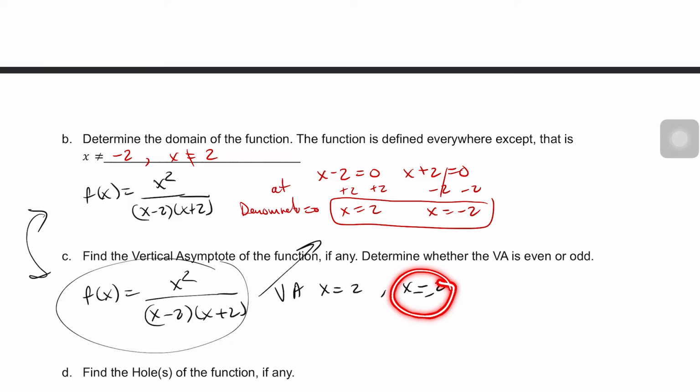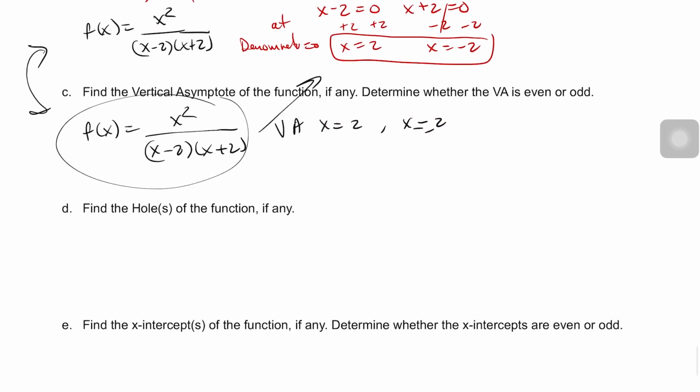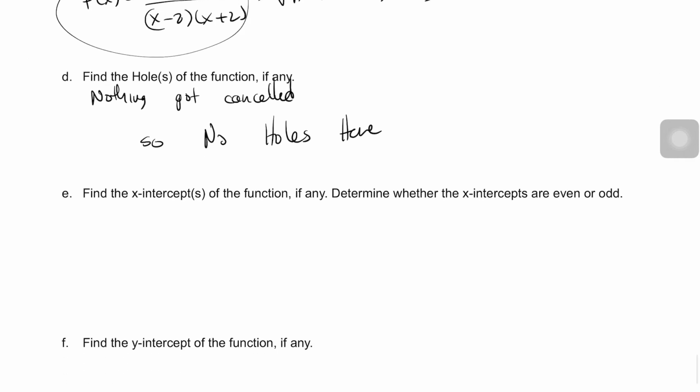In other words, if you were able to cancel something, then only the one would have been the vertical asymptote, because the other one got canceled. For the holes, it is, again, the factor that got canceled, but nothing got canceled. So no holes here in this function.